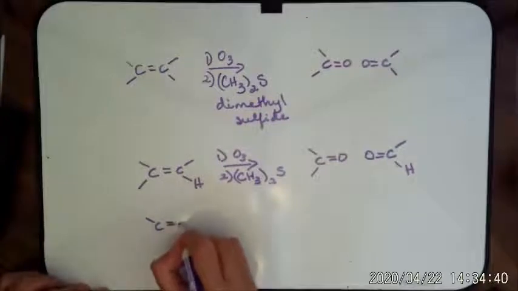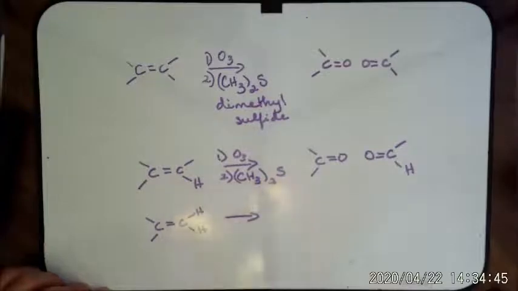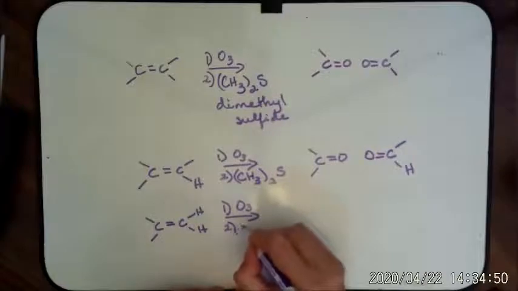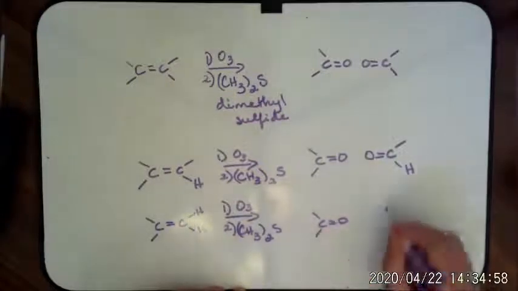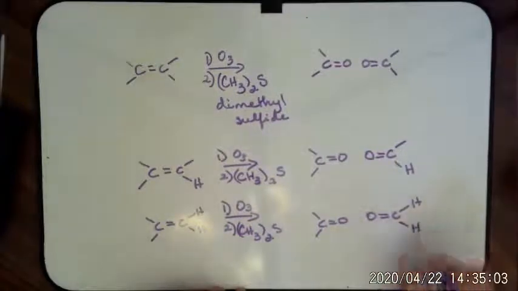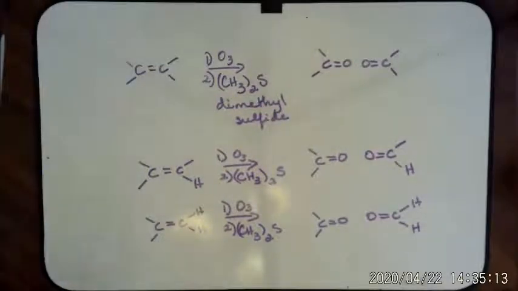If I have my terminal alkene, then you'll get your ketone and you'll stop at formaldehyde. Okay? So what we'll do is a few examples. Let me show you first, before I give you some problems, how we can do structure determination with this.